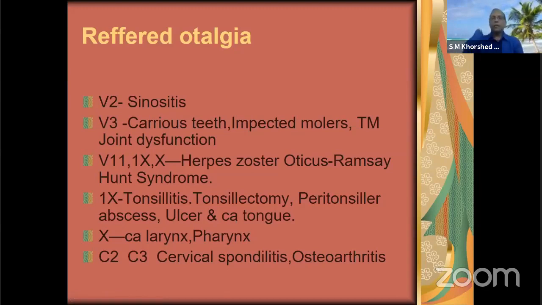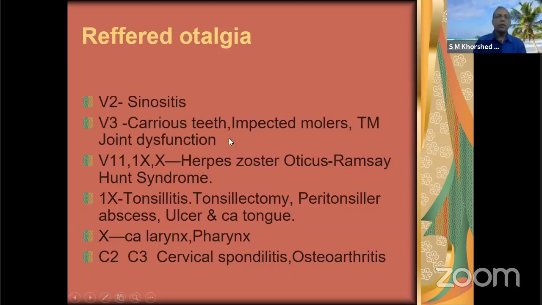The trigeminal nerve has three divisions: ophthalmic, maxillary, and mandibular. Maxillary sinusitis and other sinus infections go to the maxillary division of the trigeminal nerve. This is the mandibular division of the trigeminal nerve, through which the molar teeth, all the teeth, are supplied. So it goes through this.